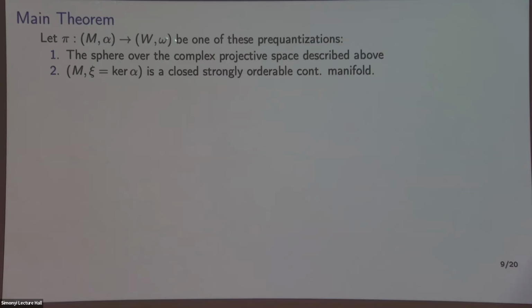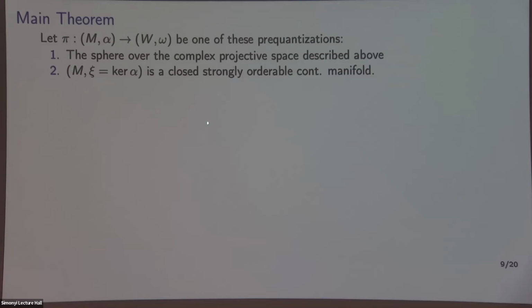And omega is the curvature form associated to alpha, which is a symplectic form. And the prequantization I will work with will be either the sphere over the complex projective space that we have just described, or M with the contact distribution given by the kernel of alpha is a closed, strongly orderable contact manifold.